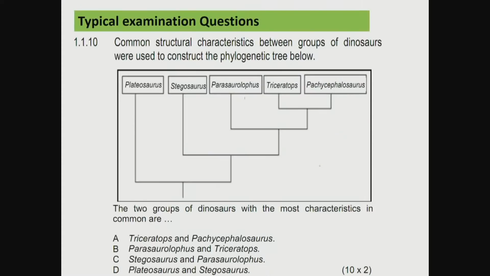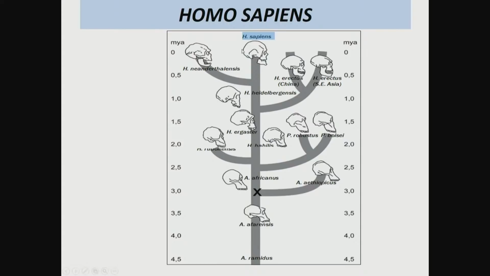If we look at a diagram like this, I want to emphasize a few things. There are a lot of questions that we can ask on a phylogenetic tree. So first of all, this diagram represents a phylogenetic tree. A. ramidus is the ancestor of all these species.